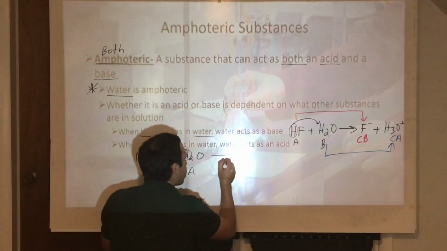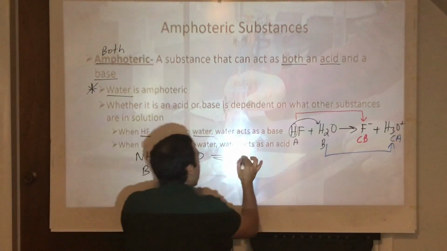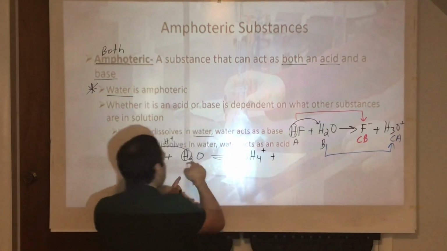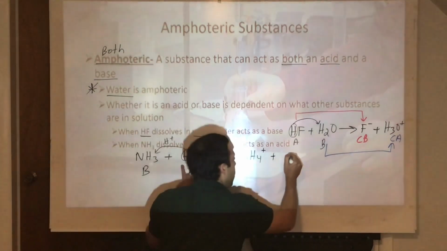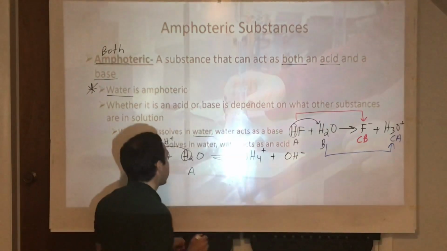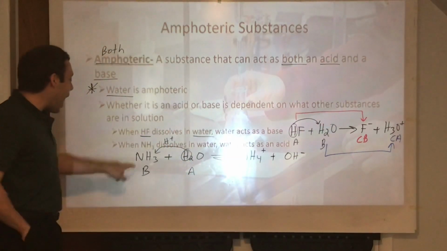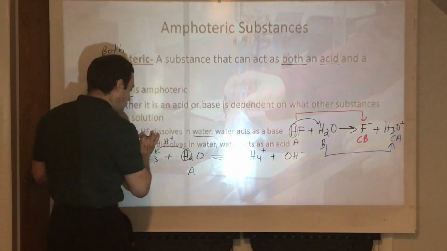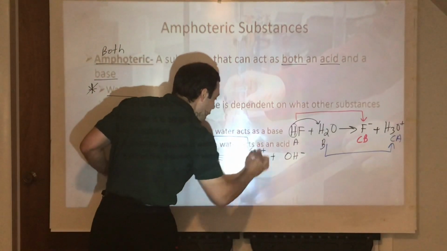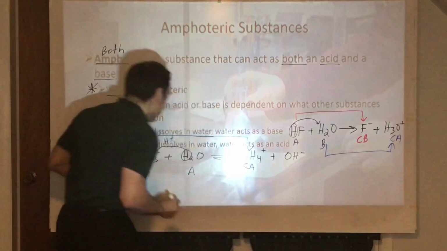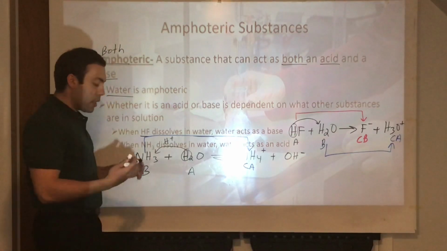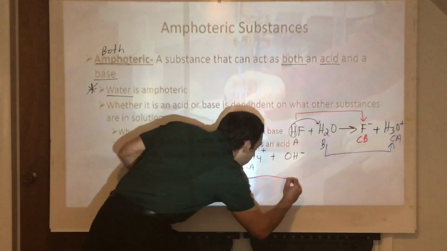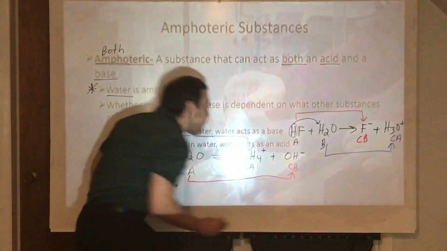As a result, we get NH4 plus, and we lost an H plus, so we're left with OH minus. So once again, we have NH3, which is the base, which goes to the conjugate acid. And the acid, H2O in this case, once again, it's donating an H plus, becomes the conjugate base.